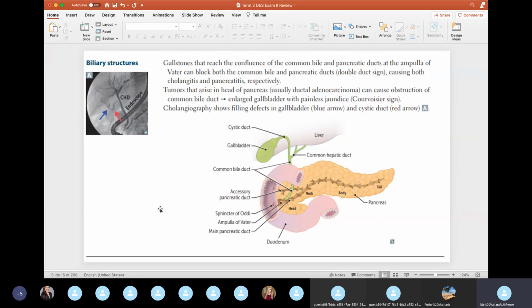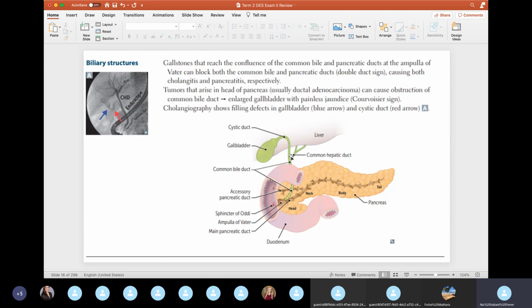Biliary structures. So you have the gallbladder here, you have the liver. Let's look at the ducts. From the gallbladder, you have the cystic duct. The cystic duct combines with the common hepatic duct from the liver. You have the left and right hepatic duct from the liver. It joins to form the common hepatic duct.